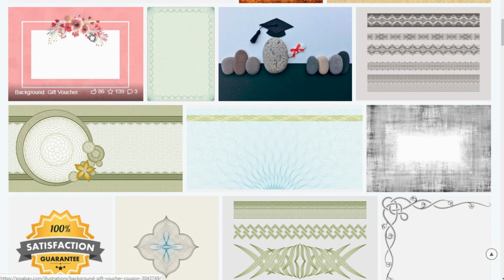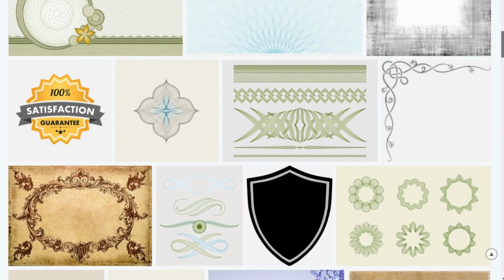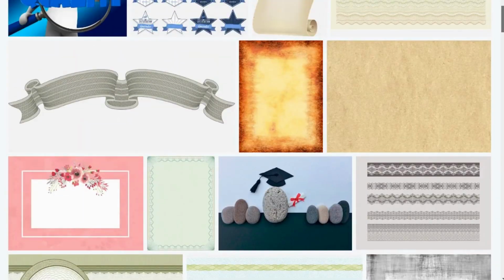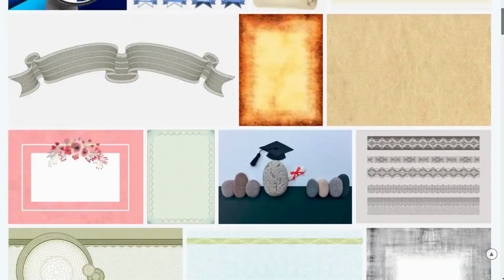So it's okay to have some words, but you do want some bare spots. If you had a certificate with a lot of words like this, that would not work. All you need to do is simply download one of these.